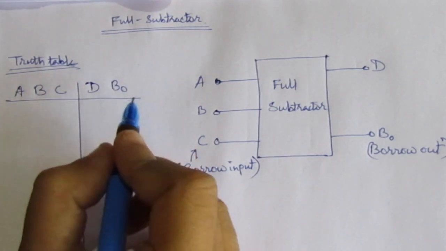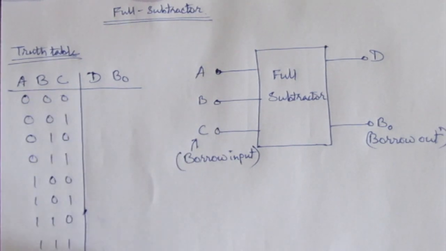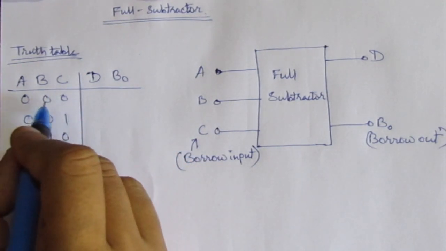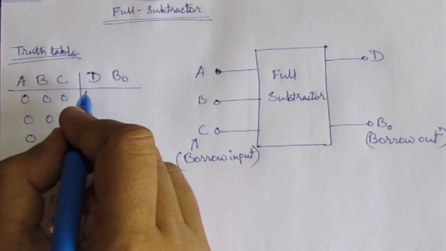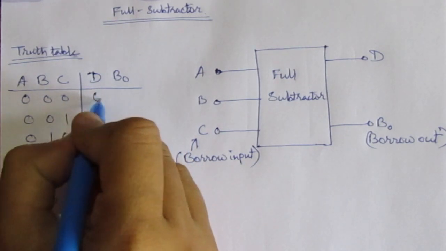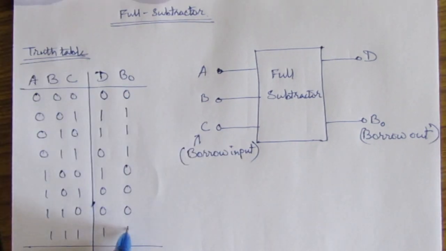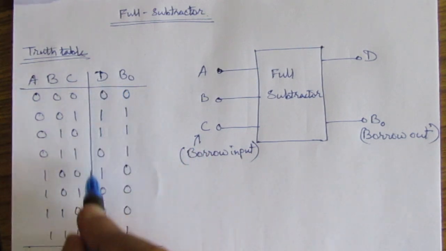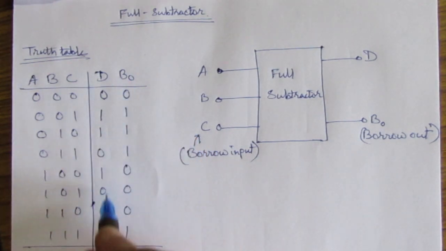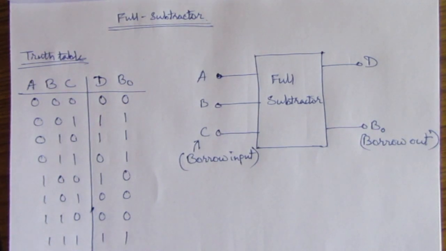With three inputs, we will have 8 combinations. So 0 minus 0 minus 0 gives difference 0 and borrow also 0. These are the differences and these are the borrow out. This is the truth table of the full subtractor.